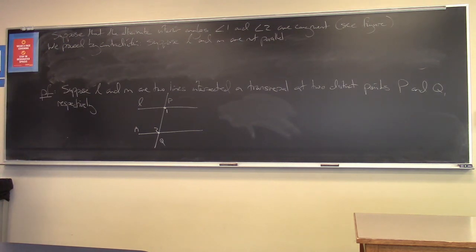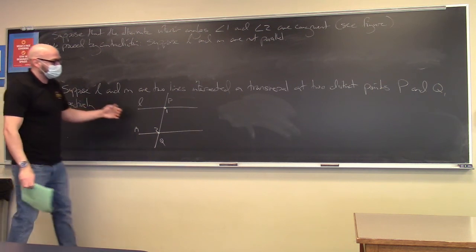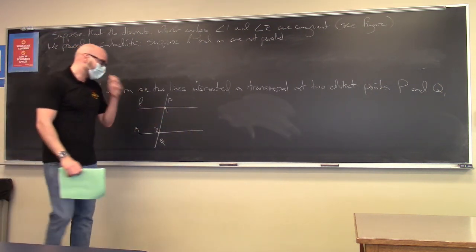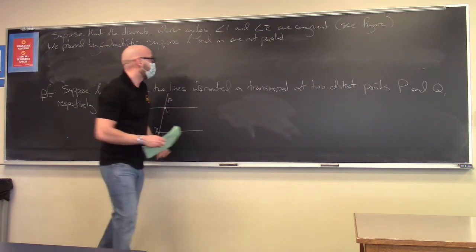Well, the good news is if they're not parallel, that means they intersect. And neutral geometry is an incidence geometry, so two lines can intersect at most in 1 point. So they don't zigzag across each other a bunch of times.